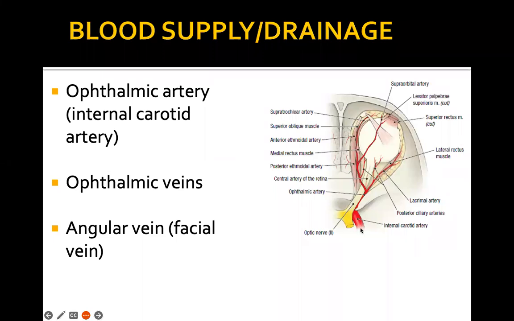Remember today we started with arterial supply. Internal carotid artery. Where is it coming from? I will need an answer. Internal carotid artery. Where is it branching from?